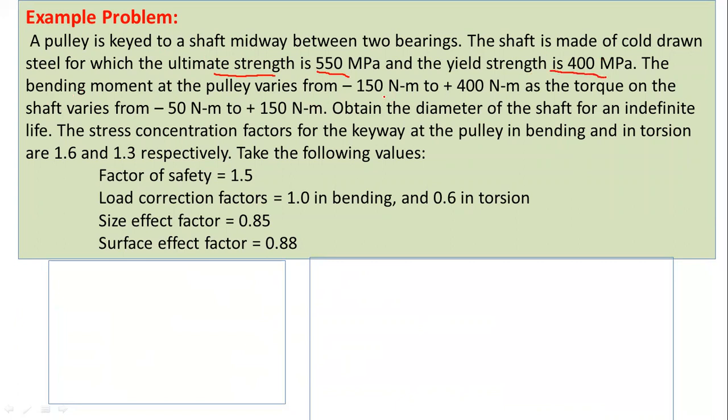Bending moment: minus 150 is the minimum bending moment, plus 400 Newton meter is the maximum bending moment. Torque on the shaft varies from minus 50 Newton meter to 150 Newton meter, so plus 150 Newton meter is the maximum torque, minus 50 Newton meter is the minimum torque.